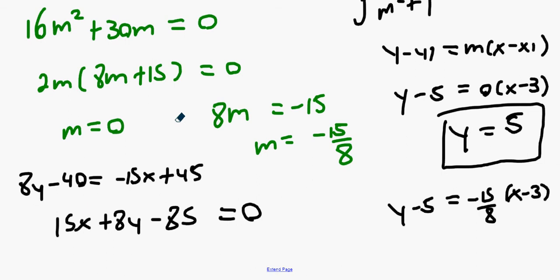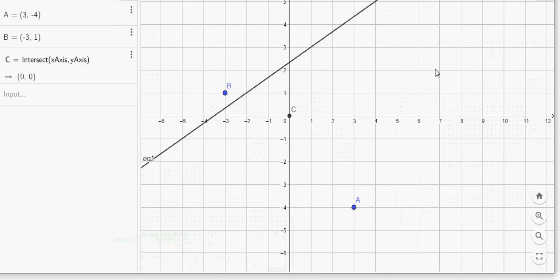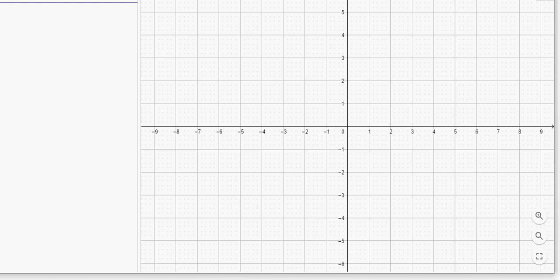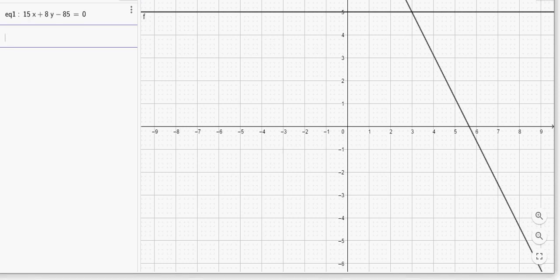Can I ask you a quick favor in a second? I'm going to draw it out for you on GeoGebra, just to show you what you're actually dealing with. So I'm going to ask you to call that out for me while the other lads are taking it down. Okay. So what are the two equations again? One of them's y equals 5. That was easy to remember. And what's the other one? Plus 8y, minus 85 equals 0. Where's minus 85?